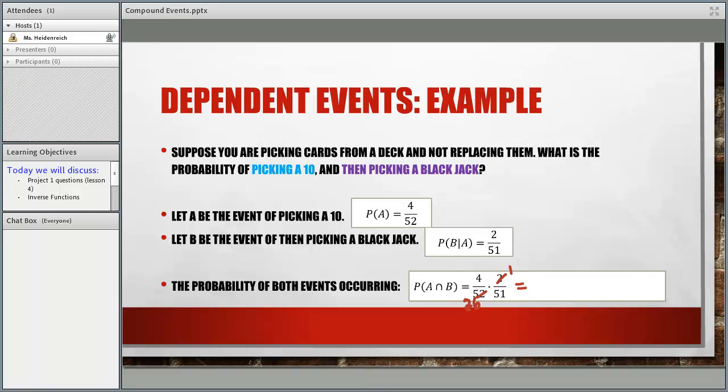And then maybe I'll simplify again: 4 divided by 2 is 2, and 26 divided by 2 is 13. That's probably as low as we can go. So 2 times 1 is 2, and 13 times 51 is, I believe, 663. And so that's going to be the probability of these two events happening, one right after the other.